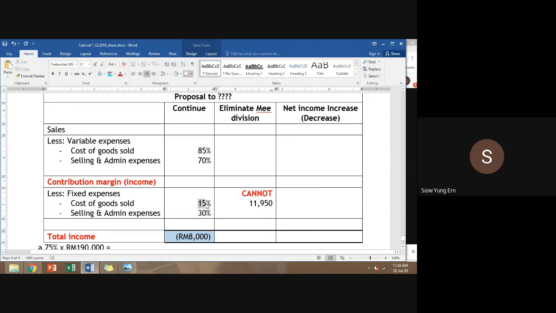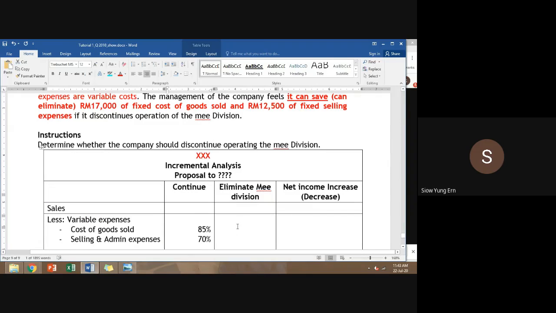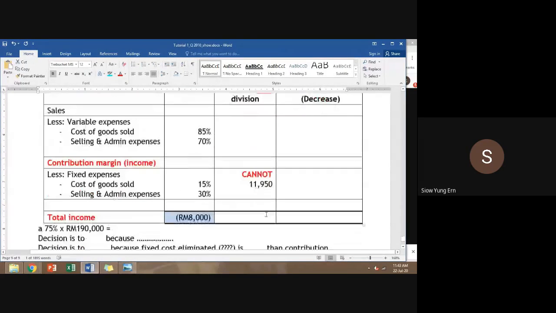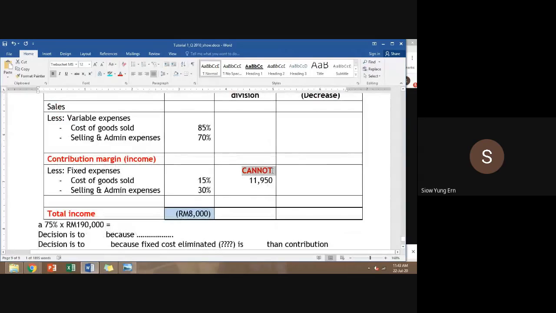Okay, you take your fixed cost of goods sold and then you minus off the one that you can eliminate. Then you will get the cannot portion. Okay, next one, selling and admin.